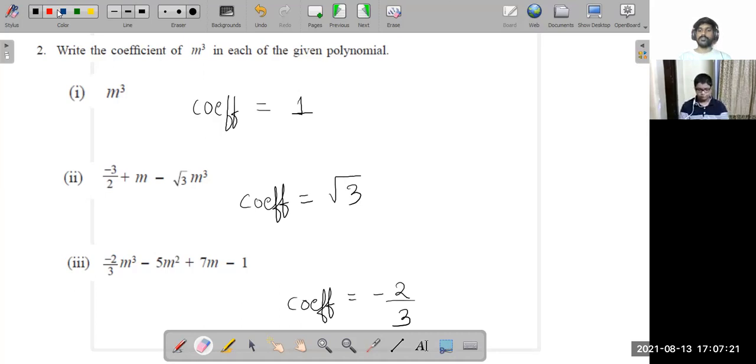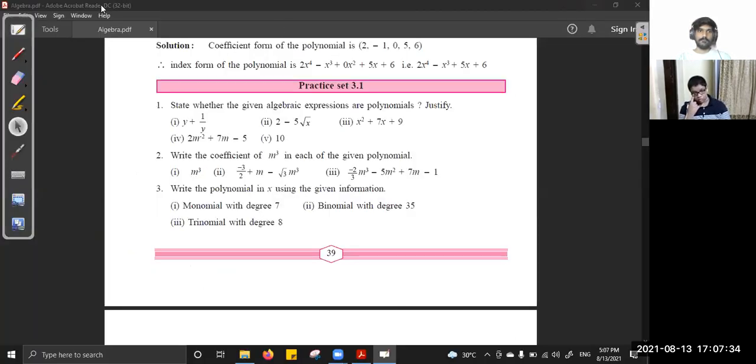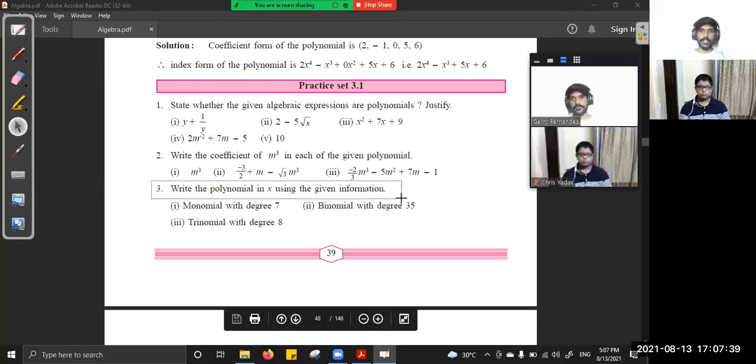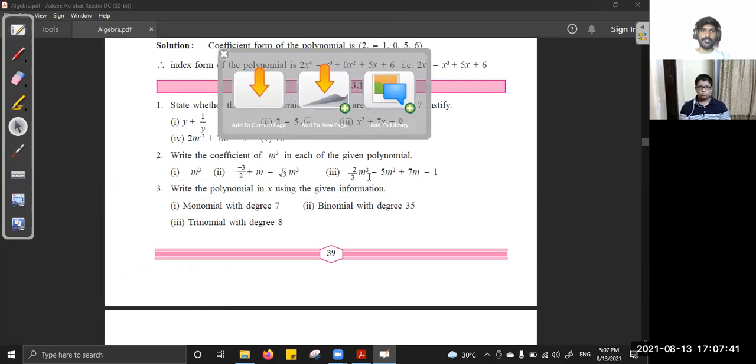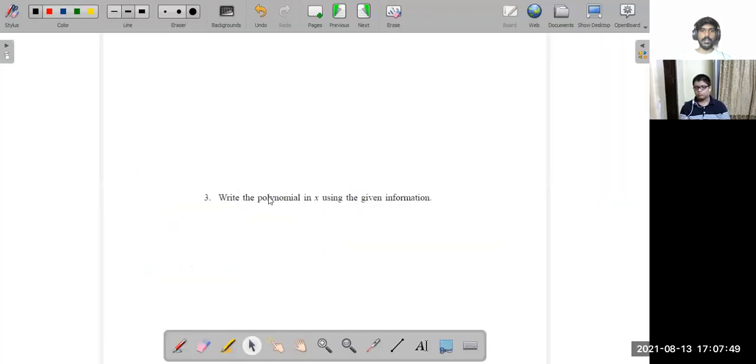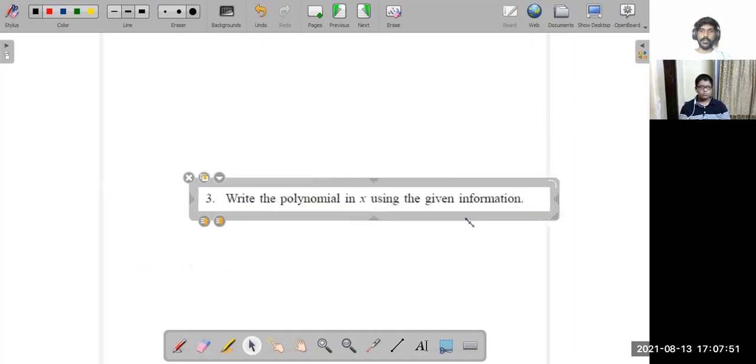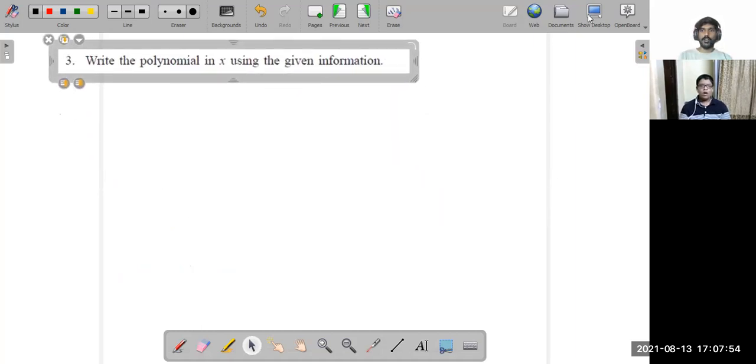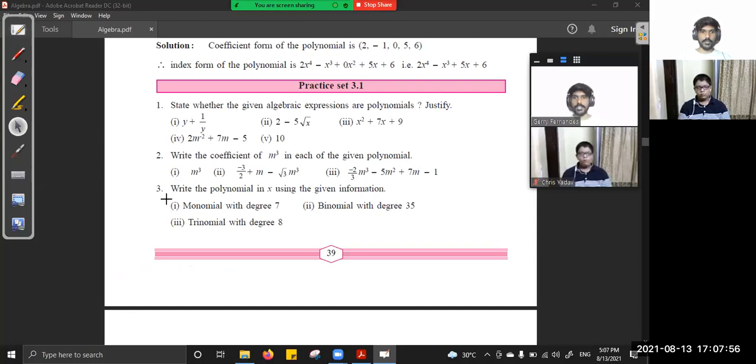Done, sir. Third one. Write the polynomial in x using the given information. You have to write a polynomial in x with the information that is given to you.